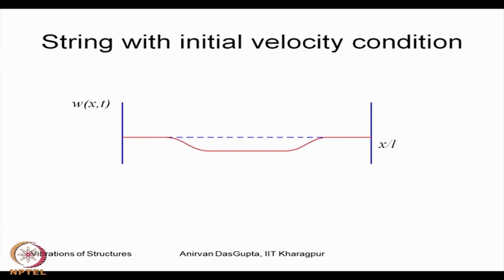So, this is another example. These behaviors are transient behaviors. We have looked at various examples in which we find that the motion of the system is in terms of propagation of waves in the system.